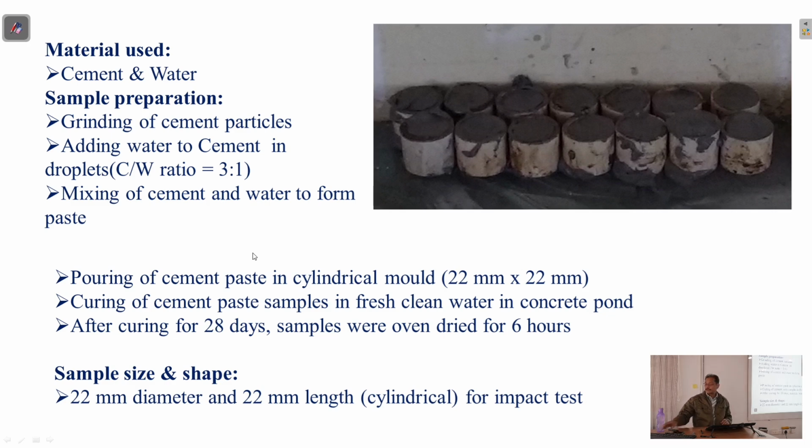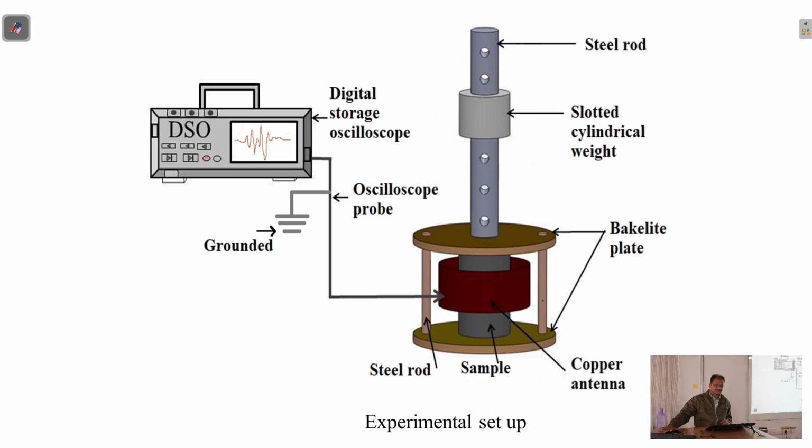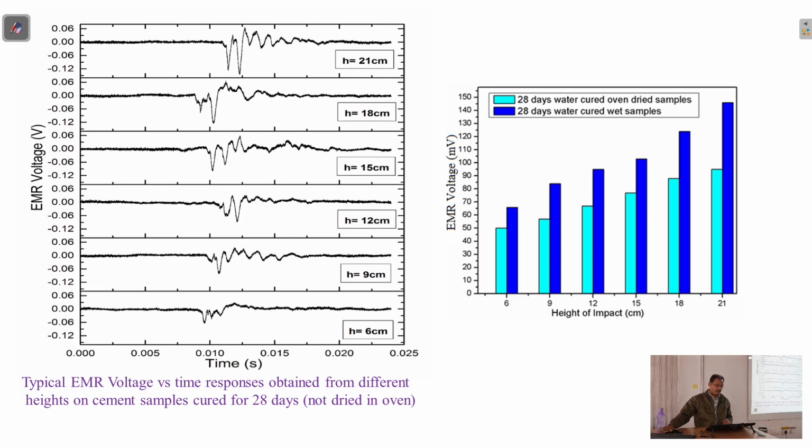So yeah, these samples and the same setup, maybe I'll skip this, and here are the signals. Now, for the pure hydrated cement paste also we could get some signals. Again, this graph, if you compare with the previous one for the PZT, is more or less the same, right? A linearly increasing graph.